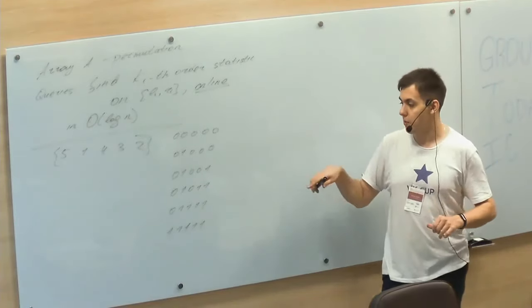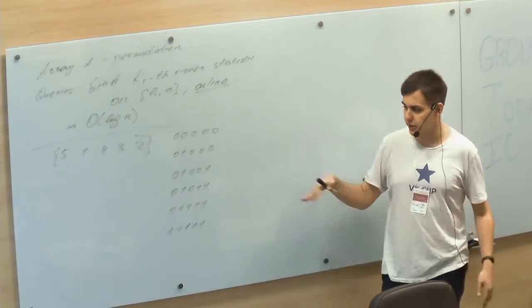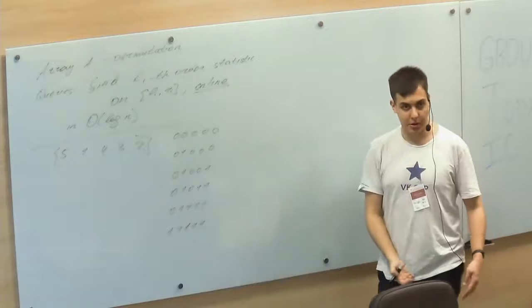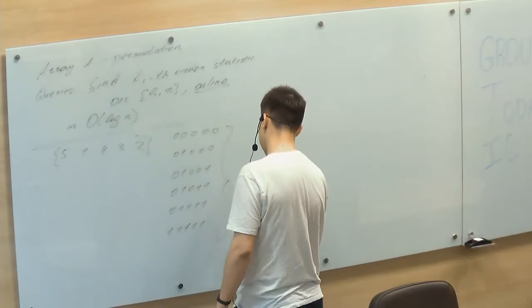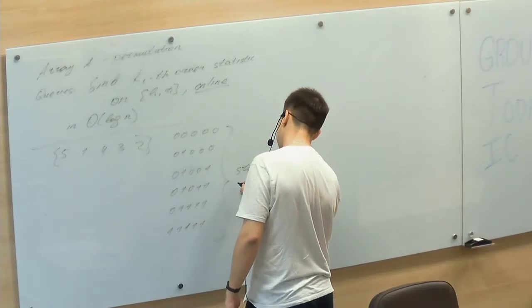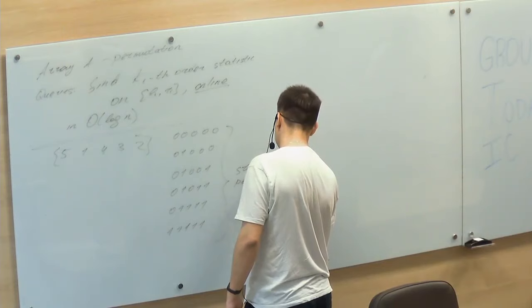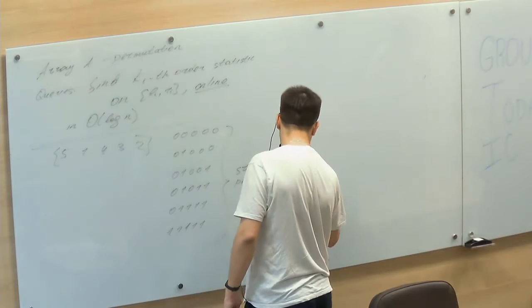Okay, so how does this help? I'll use a persistent segment tree so I can store all these versions efficiently.